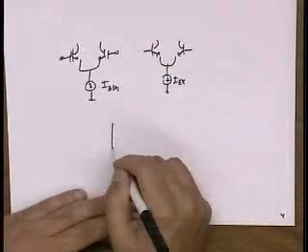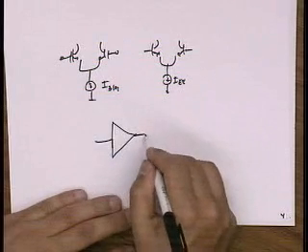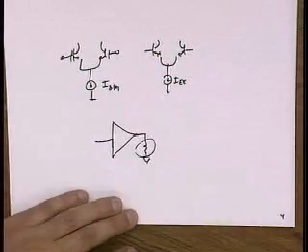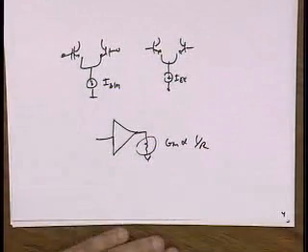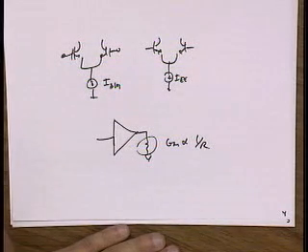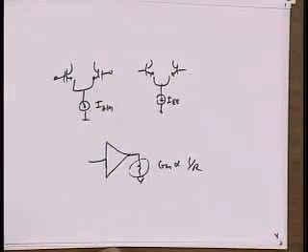Now we have a voltage buffer, and it dissipates some current, and then we have a resistor. And so now you would say, okay, because my GM is inversely proportional to this resistance, I can just make this R very, very small and get very, very high GM, and therefore very high gain bandwidth product.